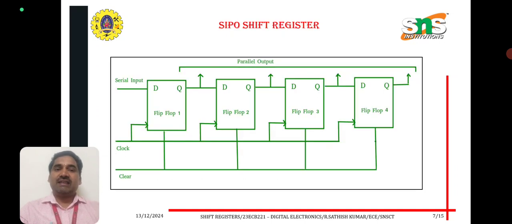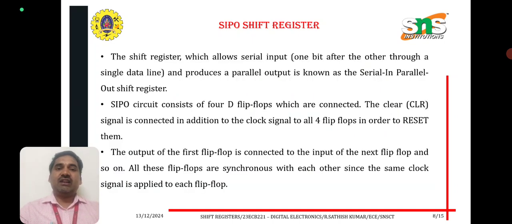Next one, SIPO, serial input, parallel output. It consists of 4 flip-flops. With serial input, we can get the parallel output. Clock and clear functions are enabled for the SIPO shift register. The register which allows the serial input and produces the parallel output is known as serial in, parallel out shift register.